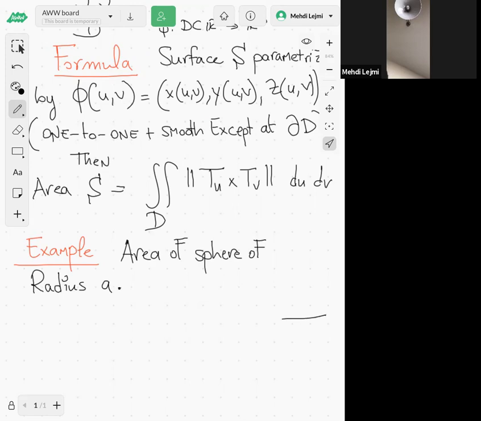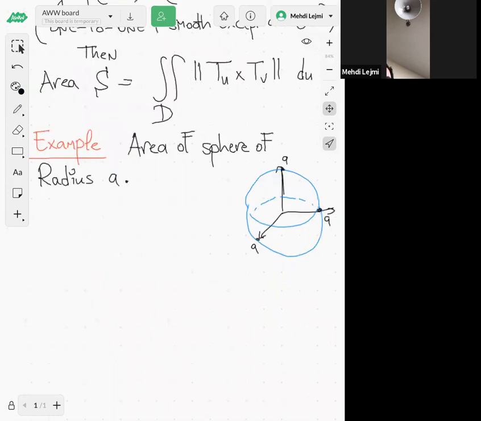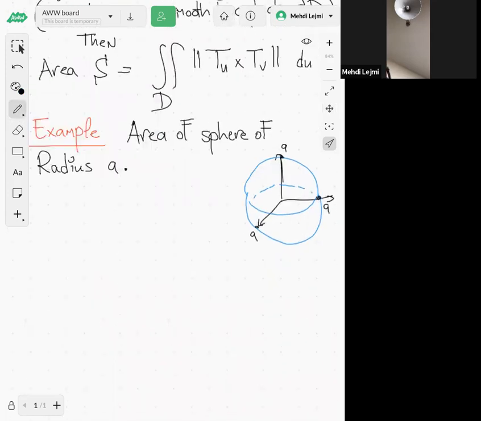Again, what I mean by a sphere is just a ball of radius a. Here's a here somewhere, and a here. So the radius is a. We know the parameterization of a sphere; we discussed this last week. a is a fixed number, the radius.